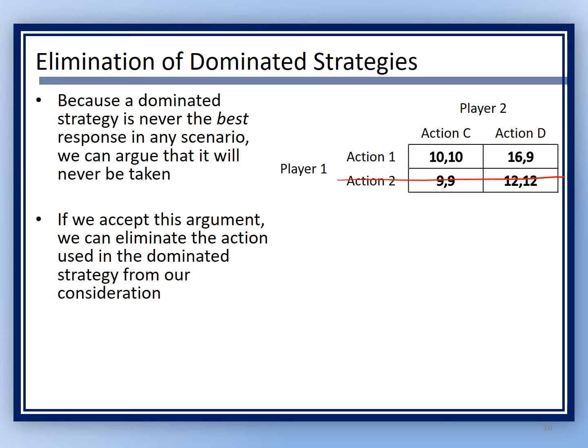She's now only facing choosing action C and getting 10 versus choosing action D and getting 9. So now using action D becomes a dominated strategy under this new scenario where we have eliminated action 2.